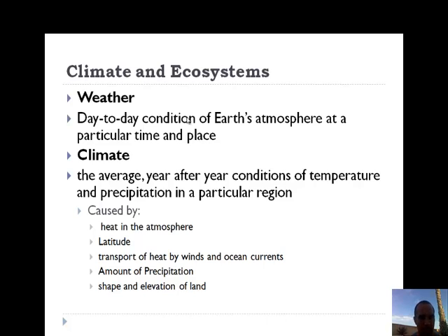There are a couple things that are going to influence the climate: heat in the atmosphere, the line of latitude that that area of land is on, the different wind currents and ocean currents moving around warm or cold air, the amount of precipitation, and the shape and the elevation of the land. These are all going to affect the climate of a given area.